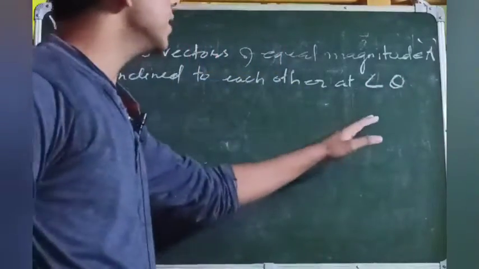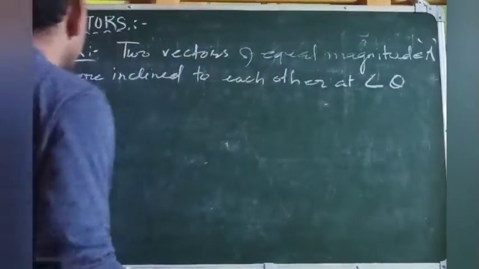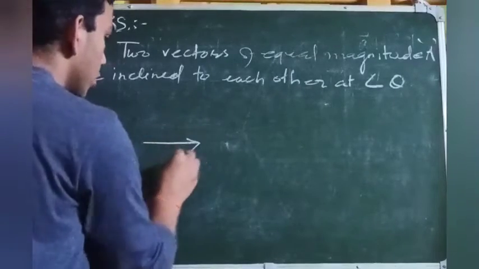That means the angle between the two vectors is theta. Let us draw the diagram.